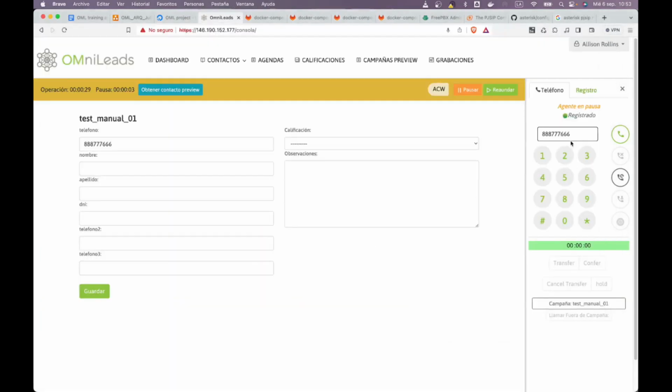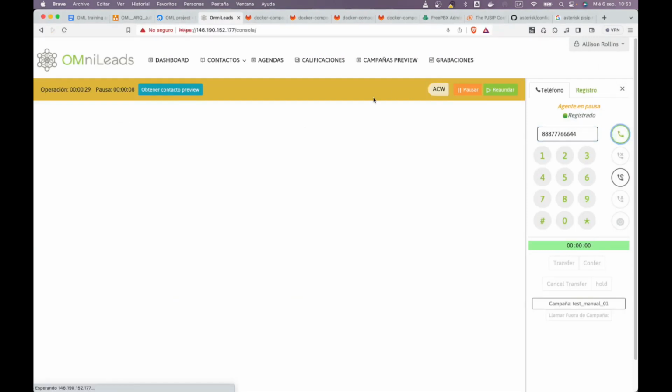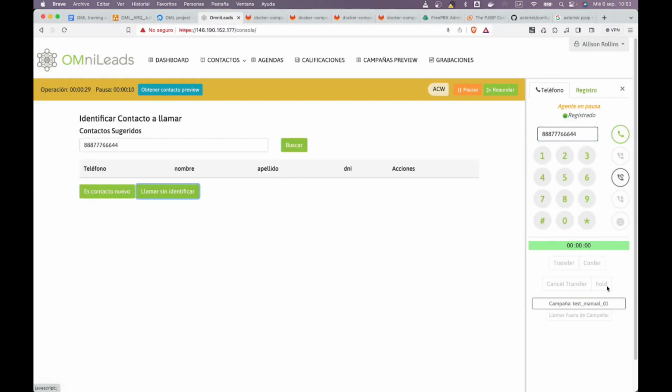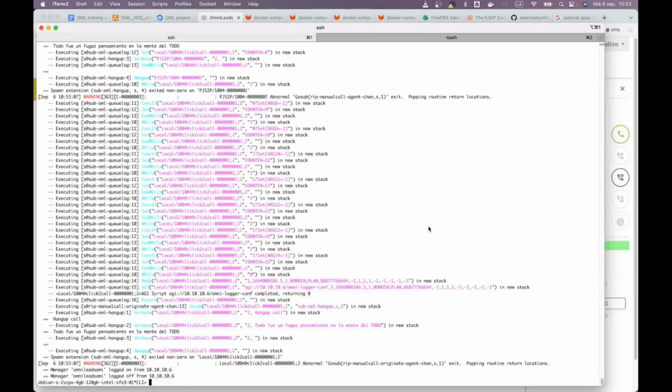But if I suddenly dial a call that has more or fewer digits, I should encounter a no-dial-plan error. Yes, of course, there is no dial plan for this. So, by the way, you can go see some commands in Docker.